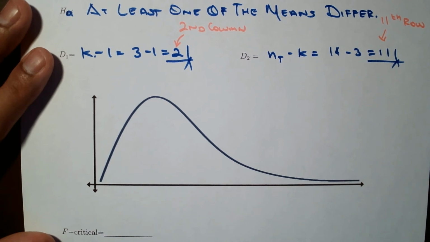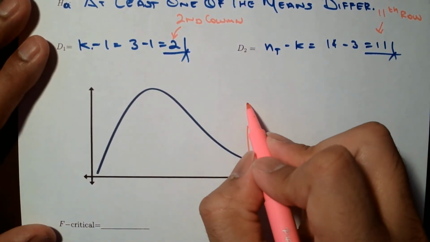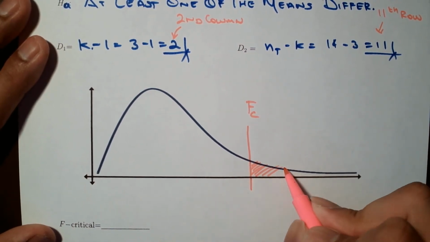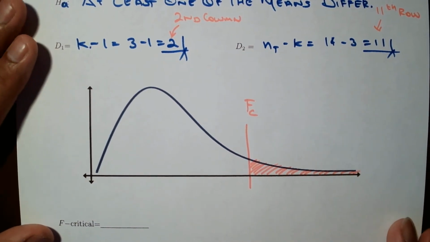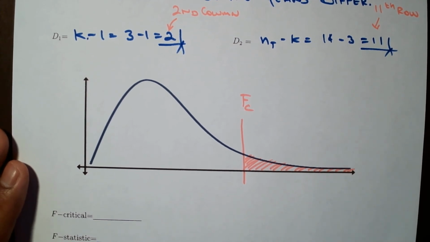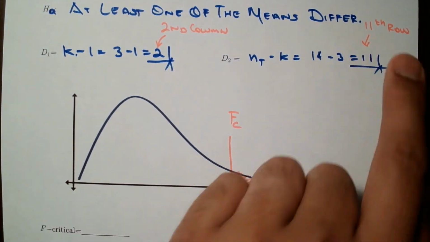Well, so we're going to find our F critical, shade to the right because it's a right-tailed test. And let's find F critical using our table. So going to the second column and the 11th row.